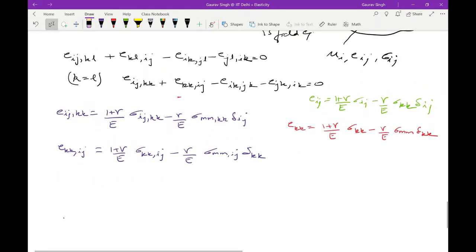Now let's look at the third term. That would be Eik, which is (1 plus nu) by E sigma ik minus nu by E sigma mm delta ik.